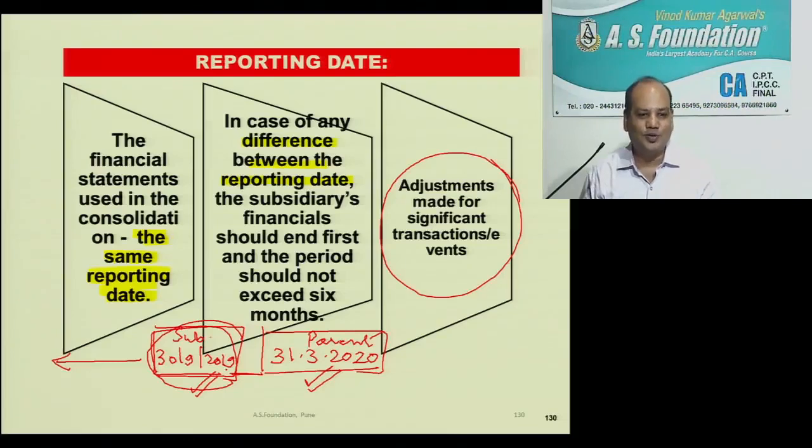So what will you do? Imagine you will prepare one more balance sheet first. Whose balance sheet will you prepare first? The subsidiary's balance sheet on 31st March 2020, which you will prepare by giving the effect of the significant events and transactions given in the problem. Then you will say, sir, this will increase my workload.